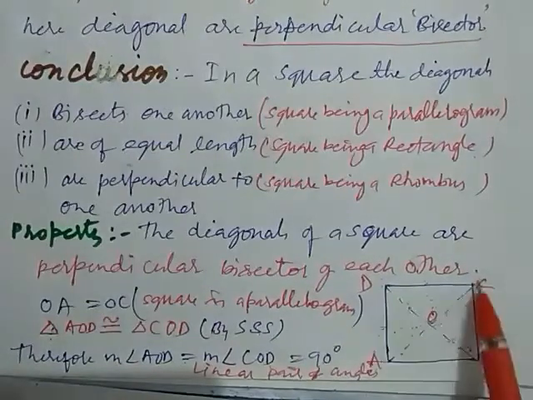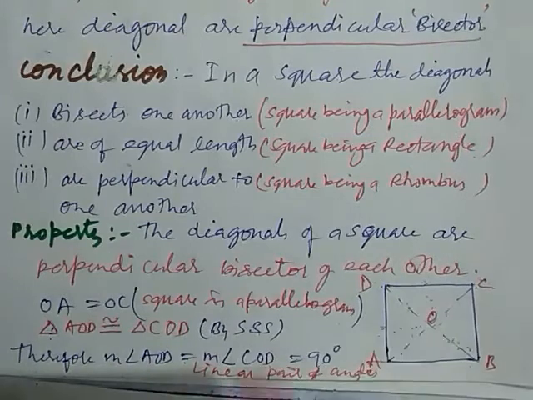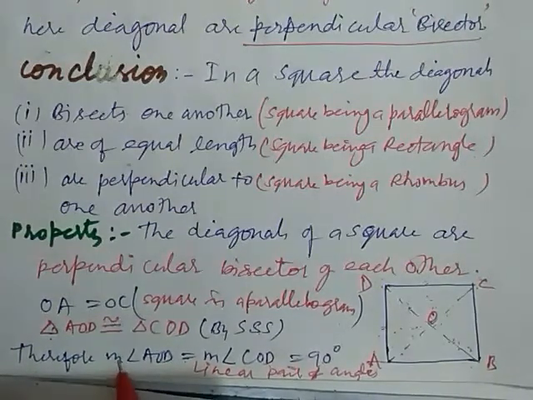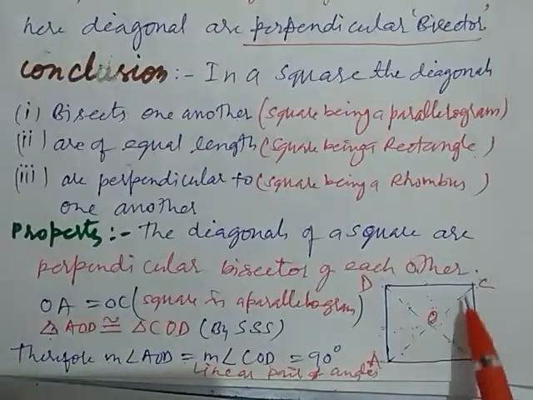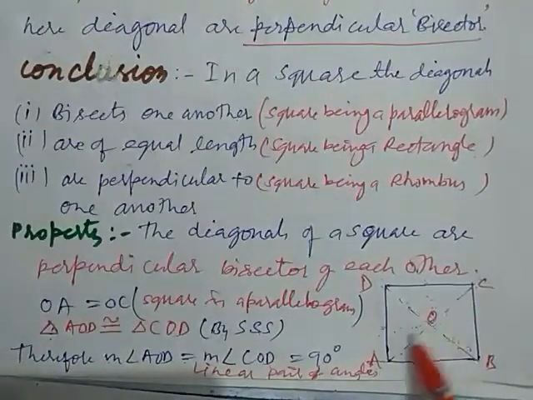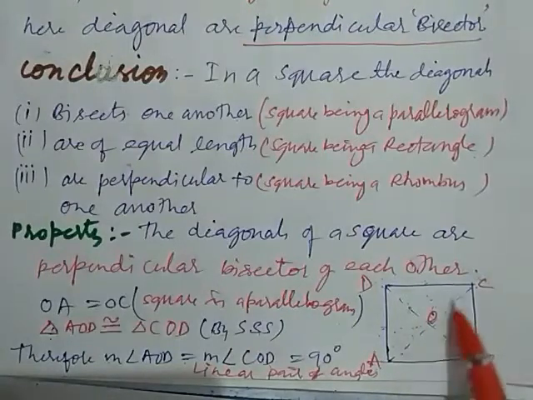AOD congruent to COD. When these two triangles are congruent, we can say the measure of angle AOD equals the measure of angle COD, and both angles are equal and they make a straight line.